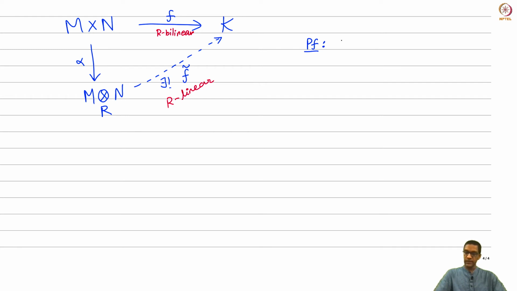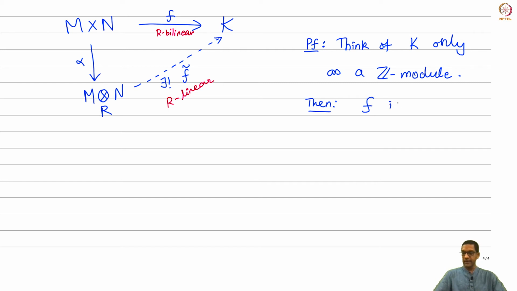So observe now that think of this K only as a Z module for now. Okay, forget the fact that it is an R module, for now temporarily. Then I claim that the map f being R bilinear in fact implies that it is an R balanced map. Okay, claim: f is actually R balanced.